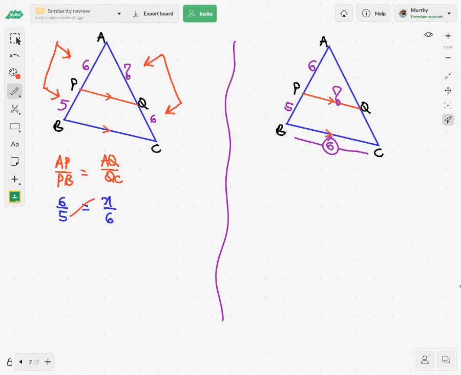We have to go for cross multiplication. We may end up with some decimals, still that is fine. 6 times 6 equals 5 times x. Isolate x by dividing by 5. Then you'll get x equals 36 over 5. You can make use of a calculator. You will end up with 7.2 units.